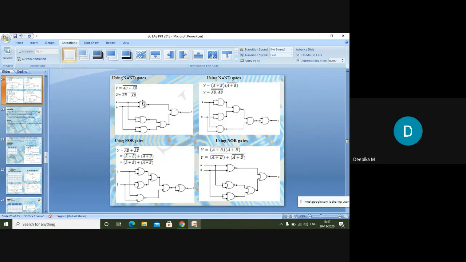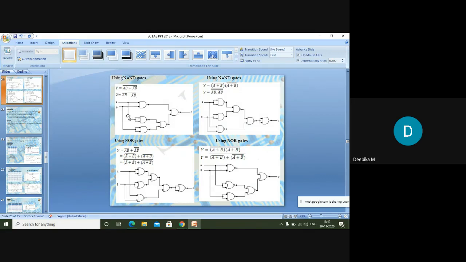So if you use an AND gate, you'll have only AB, but if you use a NAND gate, you get AB whole bar. So I am using the NAND gate over here. You can see here, this is AB whole bar. Next, A bar B bar whole bar is there. So how do I perform that?